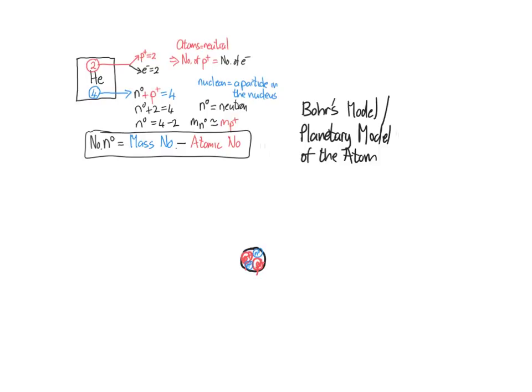So now we go to the electrons. So this is a planetary model. So we're going to represent the orbit of the electrons with a dotted circle, and that we're going to refer to as an orbit.